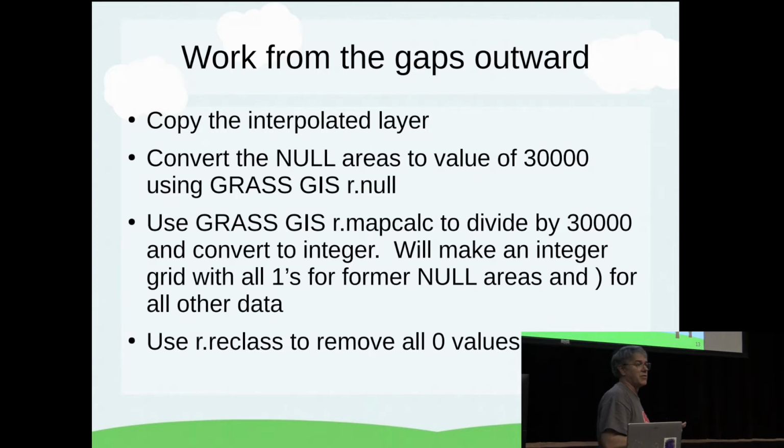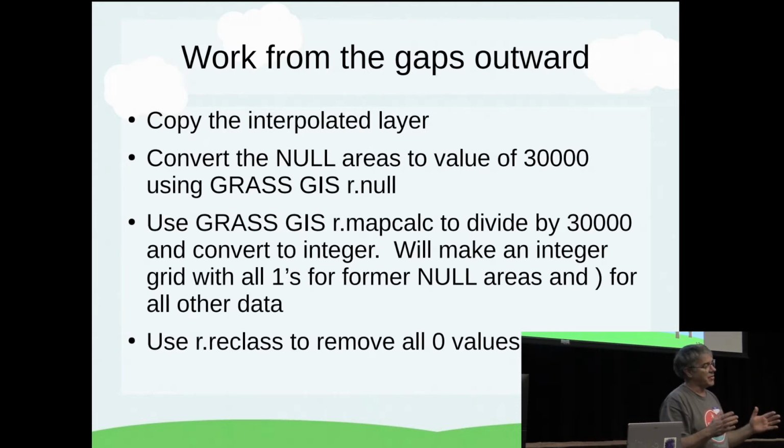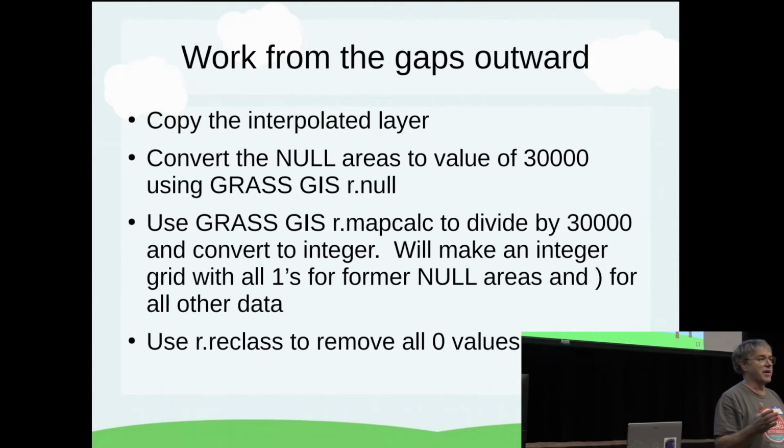So the first thing you do is you copy the layer that you've got, and then in GRASS there's a null command. So everything that's missing data is considered a null. So you just set all the nulls to an extremely large value. I took 30,000 because, well, Mount Everest is 29,000 feet.